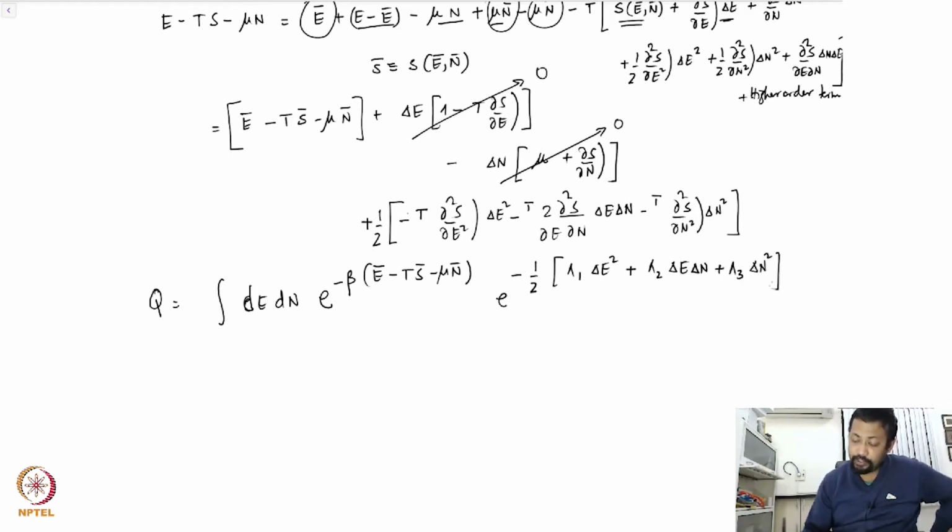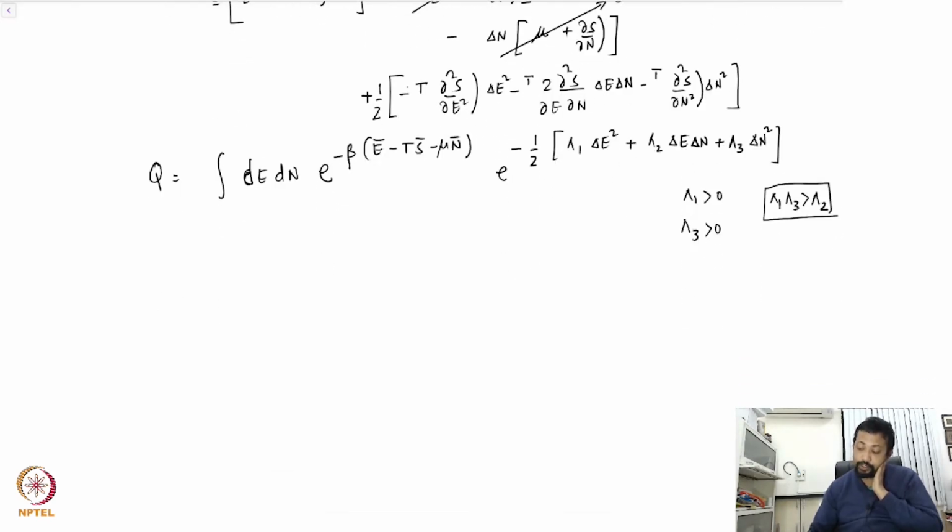N square. So one can easily do the calculations a little bit more to realize that lambda 1 is positive, lambda 3 is positive, and lambda 1 lambda 3 is greater than lambda 2. This you can do. These are the conditions we derived when we did stability criteria.